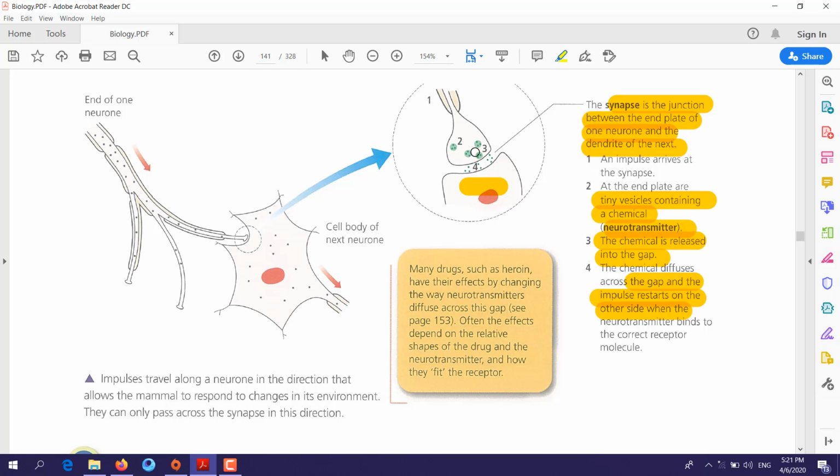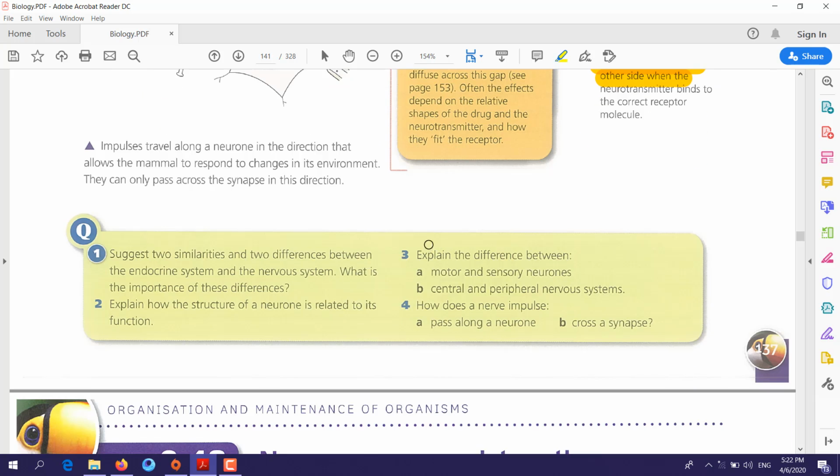We call them neurotransmitter. Then step number 3, the neurotransmitter will be released into the gap between the two neurons. Then these chemicals will diffuse into the next neuron, and when it diffuses, the process will restart again.